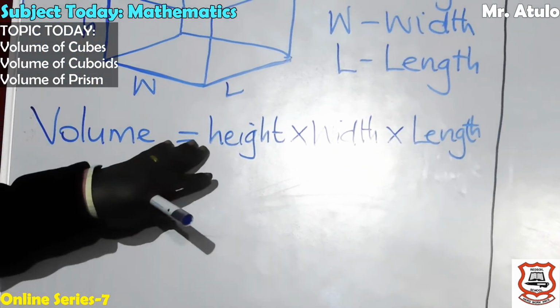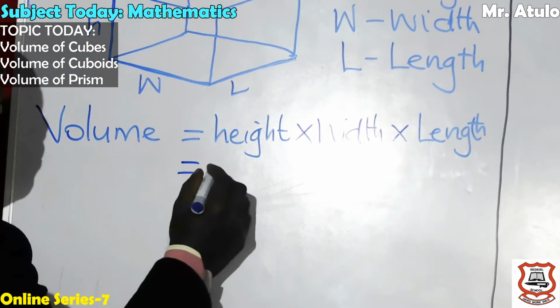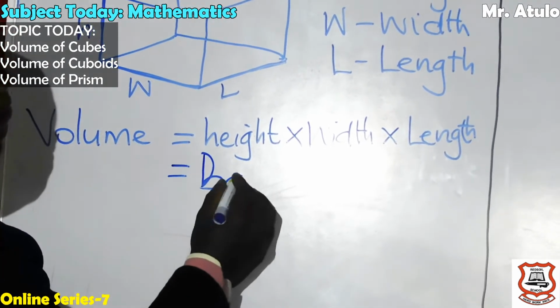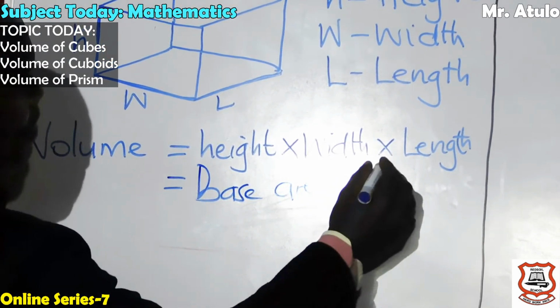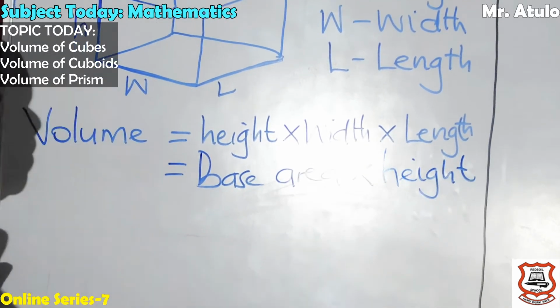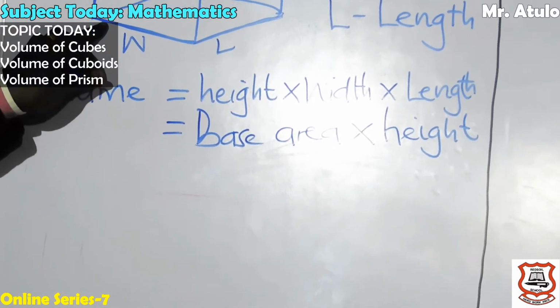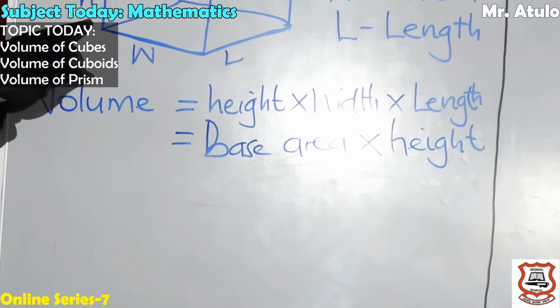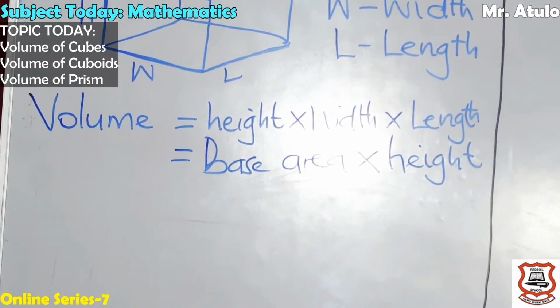There's nothing wrong. It means the same thing. It also means base area times height. Base area times height. That is length times width. Once you get this area, then times the height. This will give you the volume of this cube.